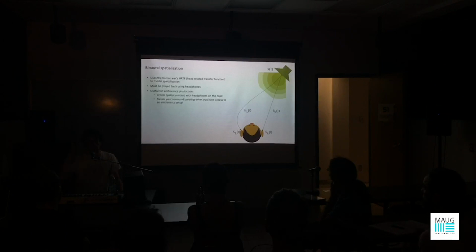They basically take the approximation of how your ears and head filter a sound, depending on where it's coming from, and apply that to the source signal, so that it approximates a surround environment just with headphones.